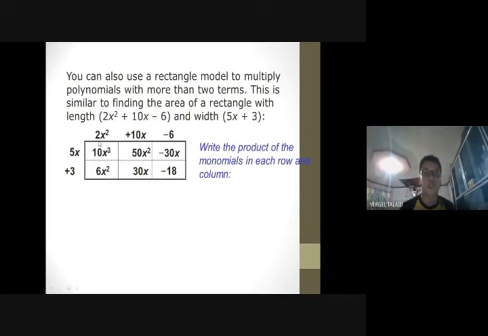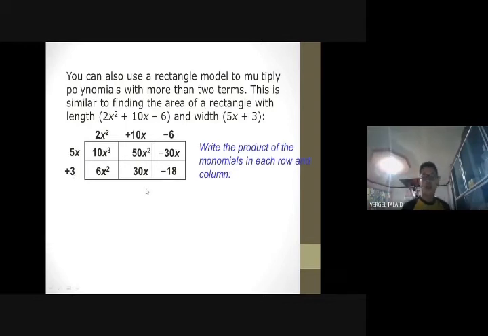In this case, you multiply 2x squared times 5x, that is 10x cubed. Then 2x squared by positive 3 is 6x squared. 10x times 5x is 50x squared, so you align it in this cell. Then 10x times 3 is 30x. Then negative 6 times 5x is negative 30x. Negative 6 times positive 3 is negative 18.